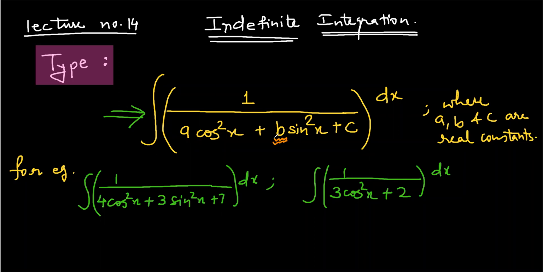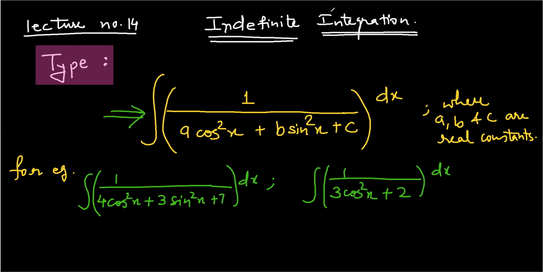Since b is 0, 0 into sin square x, I will have no sin square x. That's why in the denominator of this integral you see that there is no sin square x term.